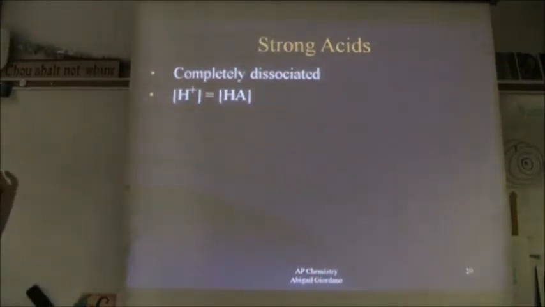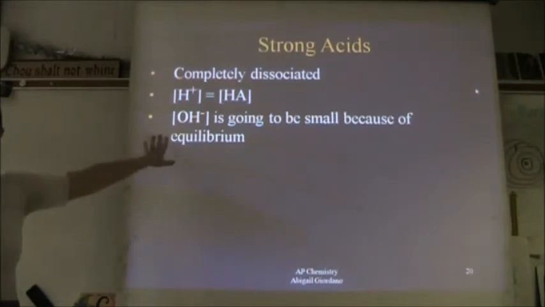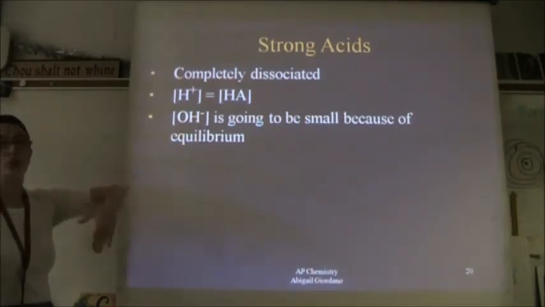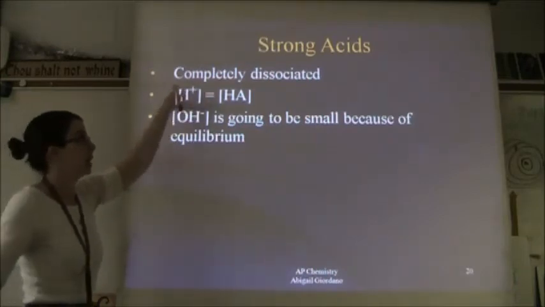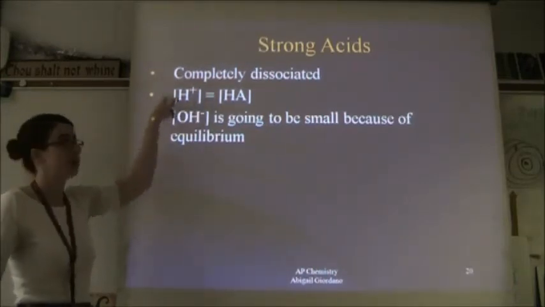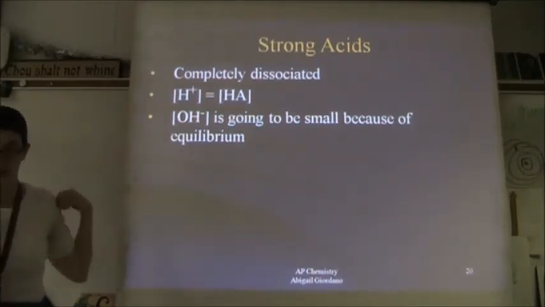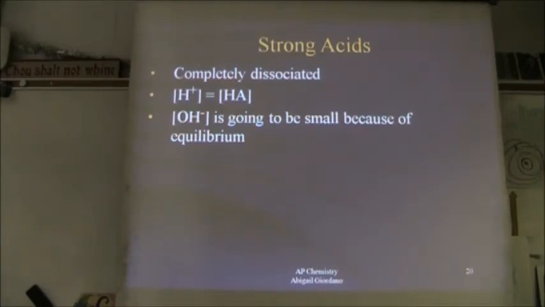And that's all you have to do. It should make sense to you that if we're dealing with a strong acid, which means a lot of hydrogen ion floating around, there will be very, very little OH minus floating around. That should make sense to you because of that relationship.